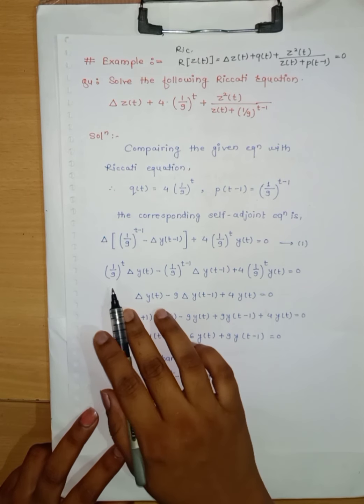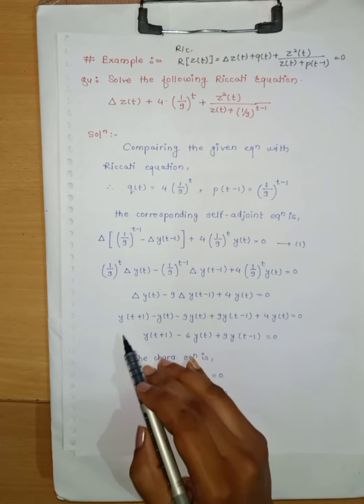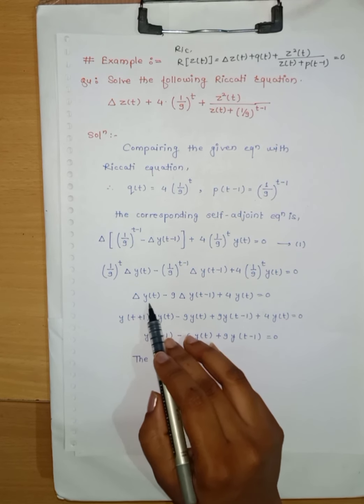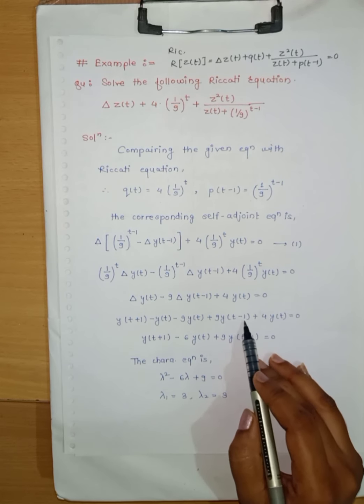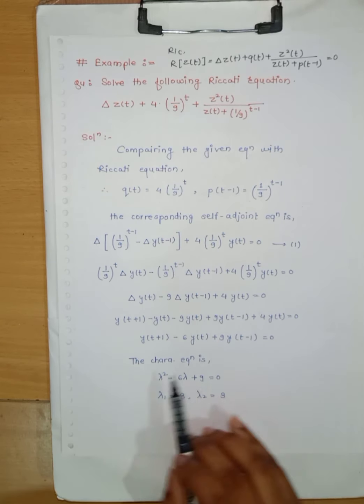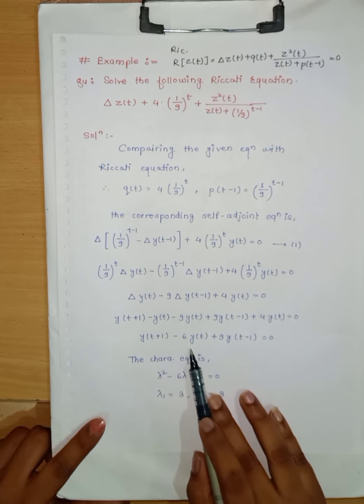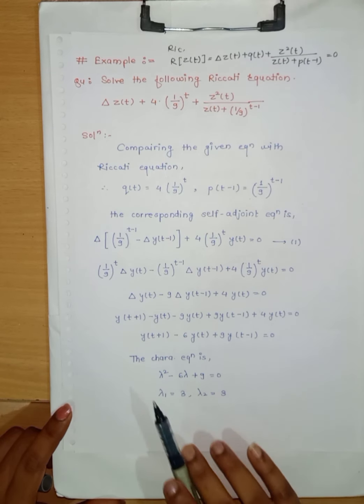We have multiplied these terms with 9^t. Therefore, y(t+1) minus y(t), we have applied this Δ, minus 9y(t) plus 9y(t-1) plus 4y(t) equals 0. This implies y(t+1) minus 6y(t) plus 9y(t-1) equals 0.